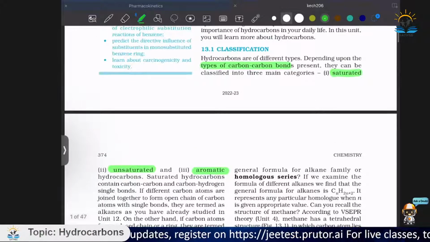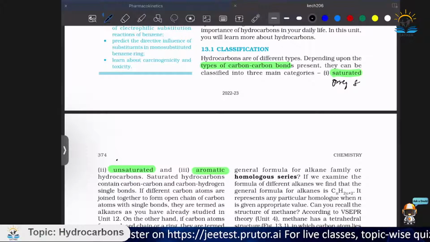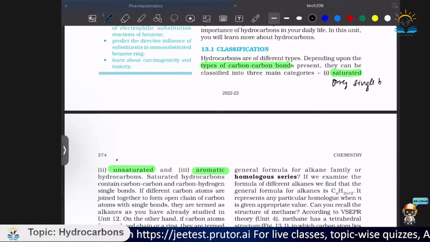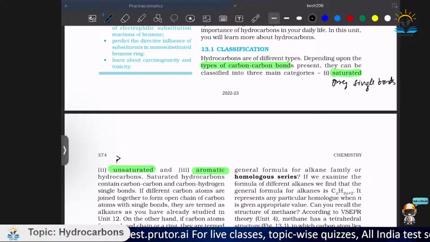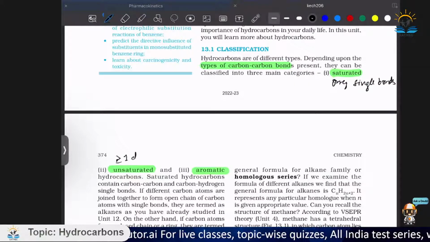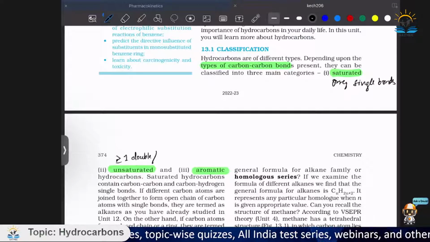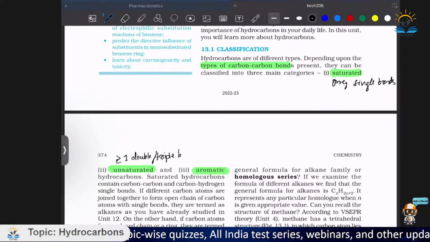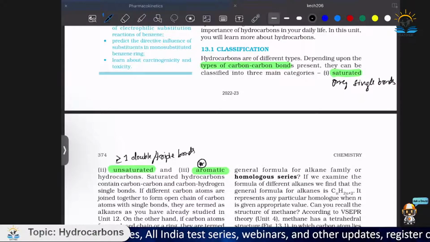Saturated hydrocarbons, only single bonds are present. Unsaturated, at least one or more than one double or triple bonds between carbon are present. And aromatic is a special condition which we will deal with later.